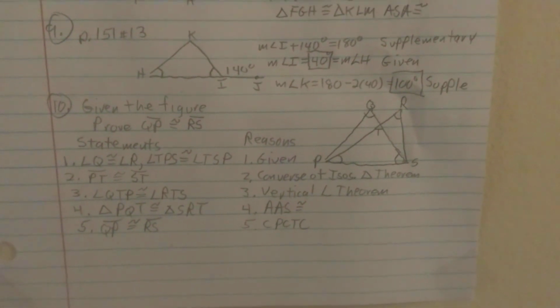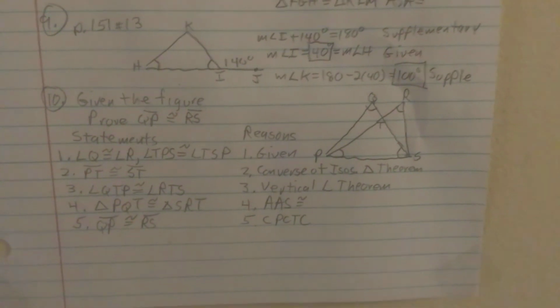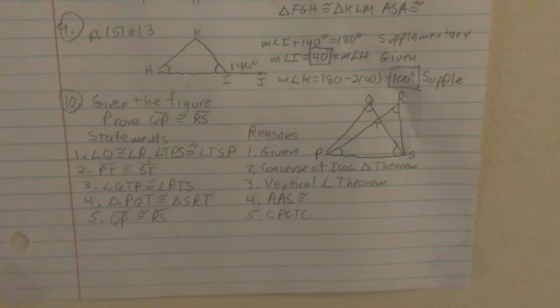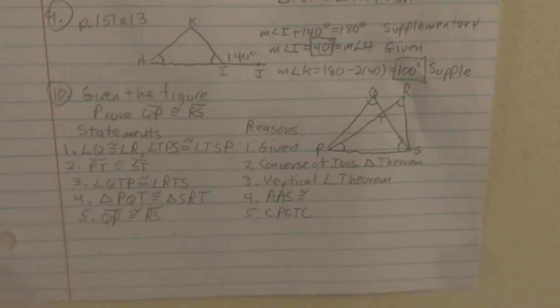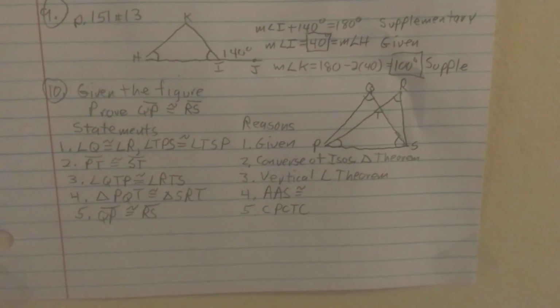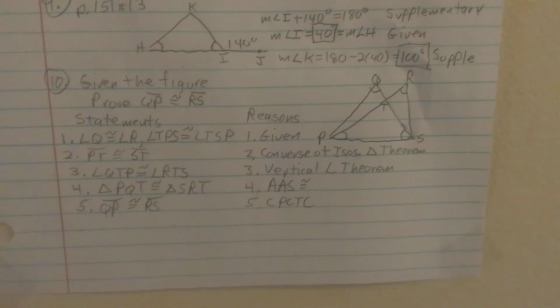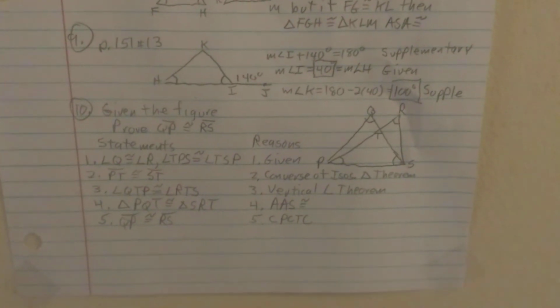And statement 3, angle QTP is congruent to angle RTS, vertical angle theorem. And therefore angle PQT is congruent to SRT, AAS congruence. And then segment QP is congruent to segment RS by corresponding parts of congruent triangles are congruent.